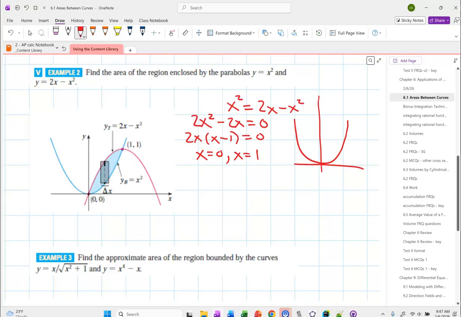Downward facing parabola, right? What does one of its x-intercepts have to be? 0, and the other one would have to be 2, right? Everybody agree? Easy enough to see that. So which one's going to be on top? This guy.